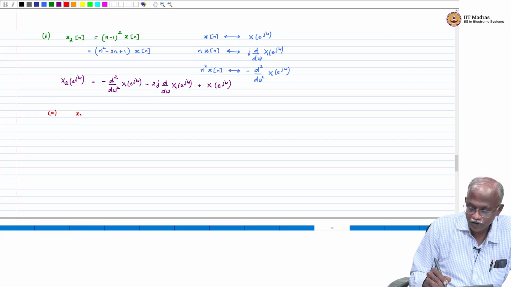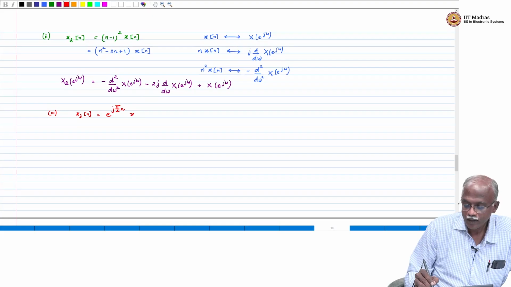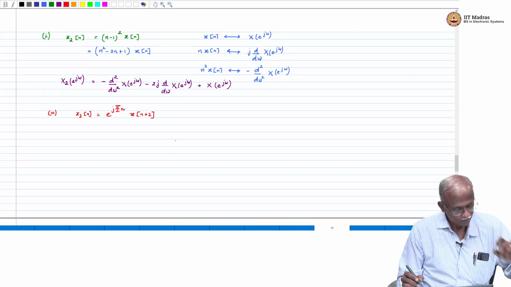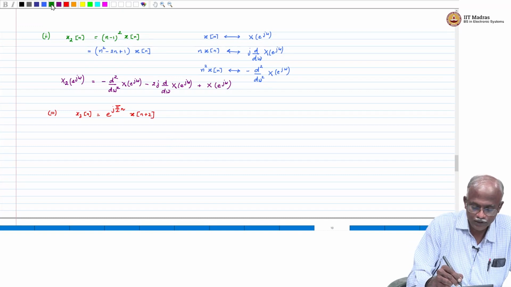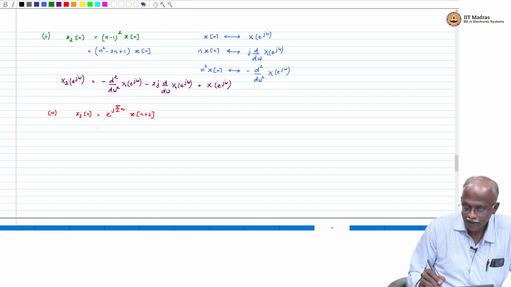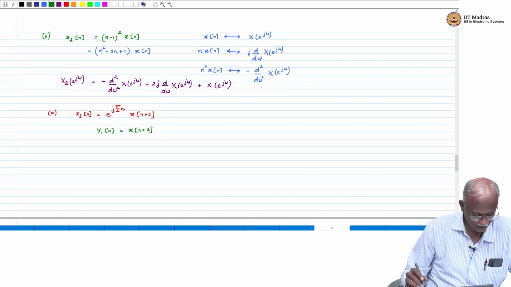x3 of n is equal to e power j pi by 2 n times x of n plus 2. Okay, so it's a delayed sequence. So let us use an intermediate variable: y1 of n is equal to x of n plus 2, a shifted version.